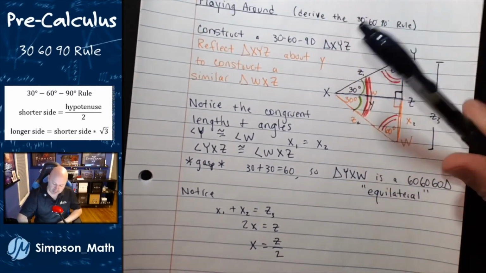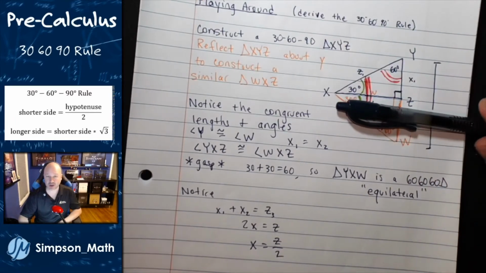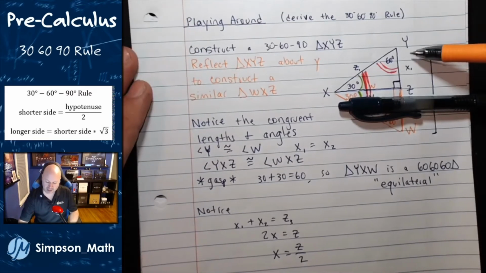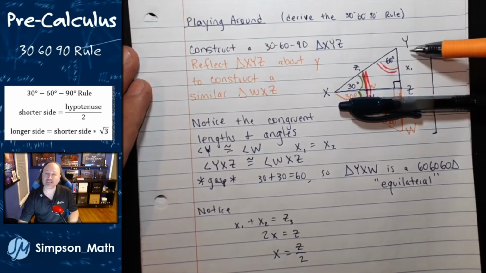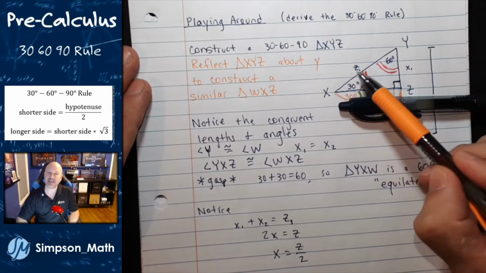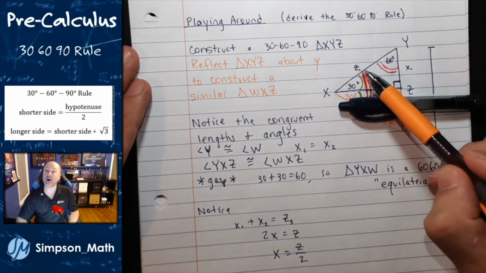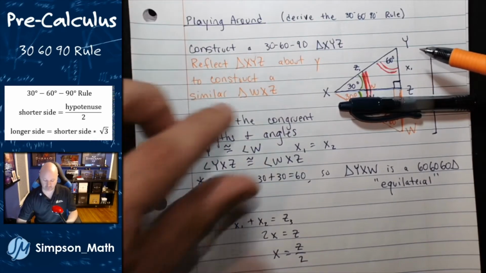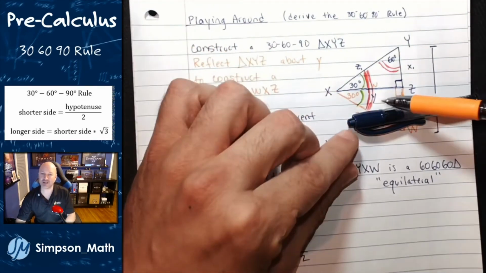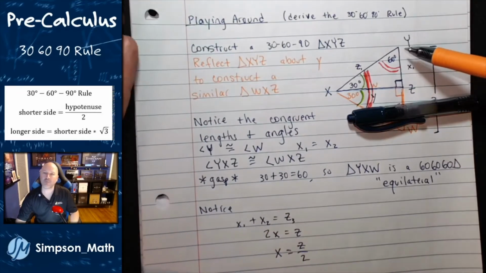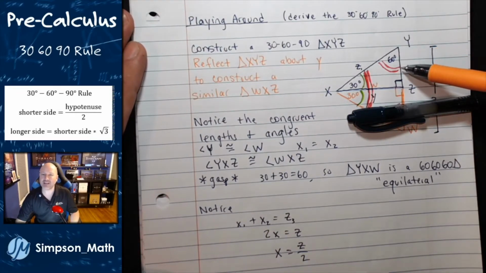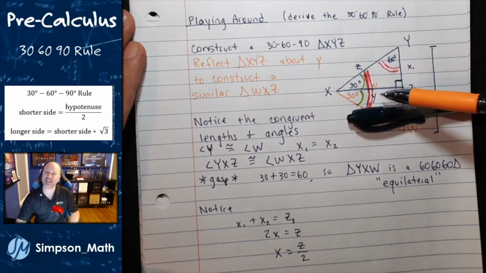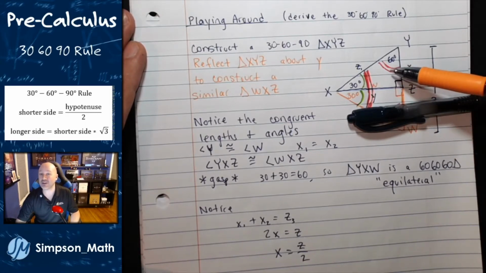So I'm looking again at my original triangle, the 30, 60, 90 triangle, where I have X and Z. Z is the hypotenuse of the triangle, and X is one of the side lengths. Y is another side length. Well, X is the side length opposite the 30-degree angle, whereas Y is the side length opposite the 60-degree angle.